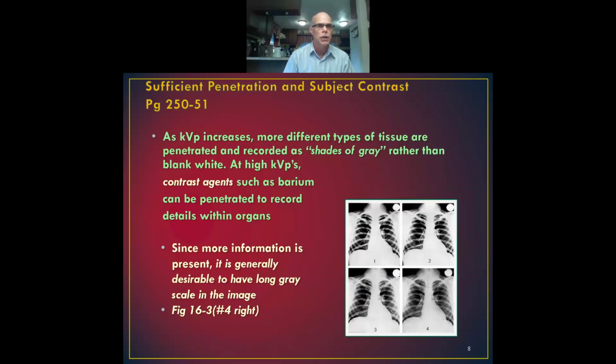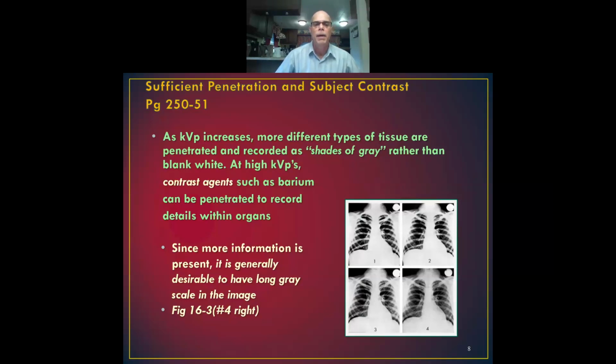Remember in radiology, we have no blacks and we have no whites. So if we have whites, that tells us that there was no penetration. All of the x-rays were absorbed by the photoelectric effect, and none got through to the image. So what we're shooting for is that we want to get recorded shades of gray rather than the blank white.